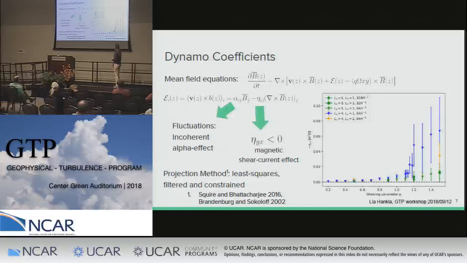The way I find these coefficients is by the projection method, which was outlined in these two papers. It's basically a least squares sort of thing, but the way I do it is additionally constrained: it sets the diagonal components of this matrix equal to each other, and it neglects the other off-diagonal components and the alpha yx components.